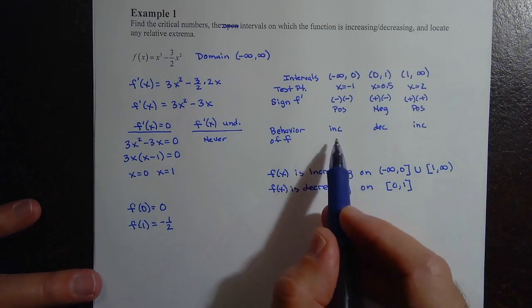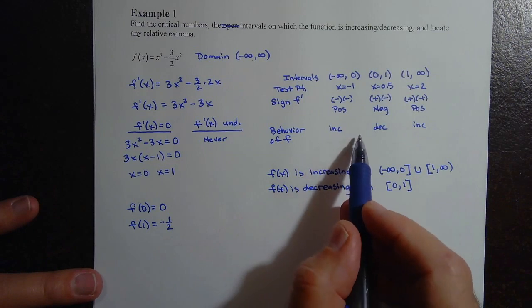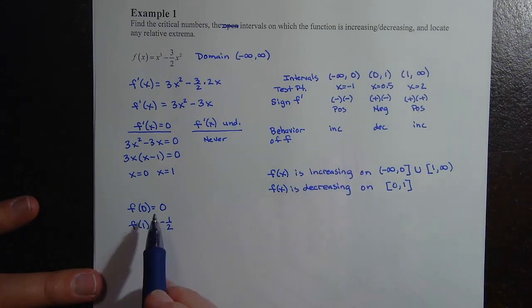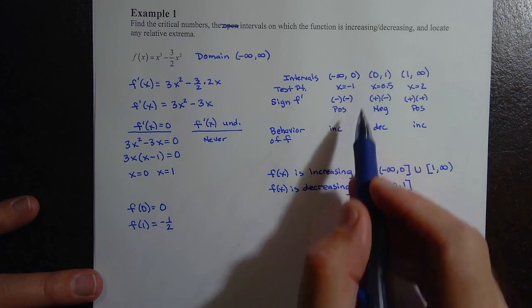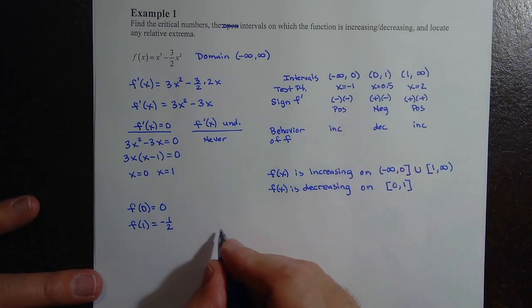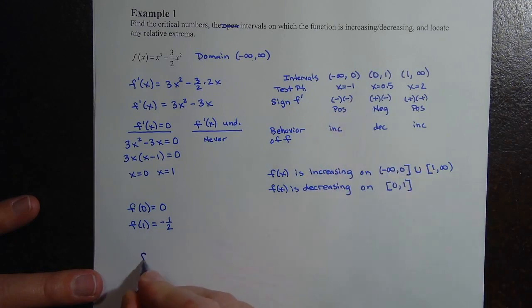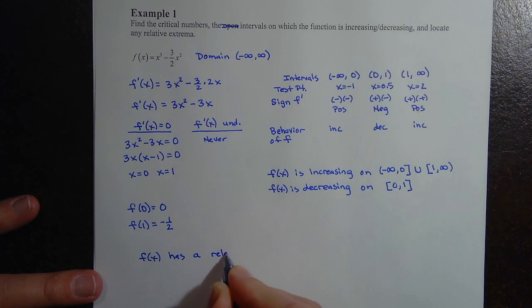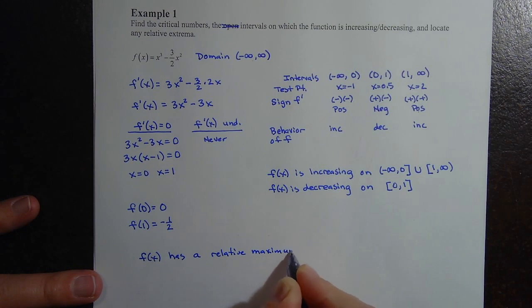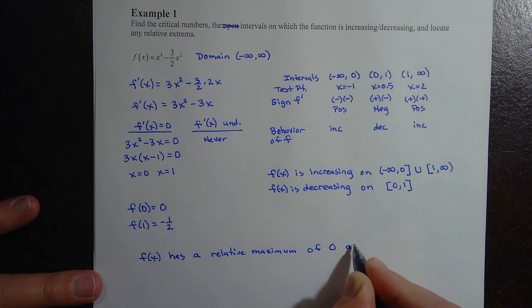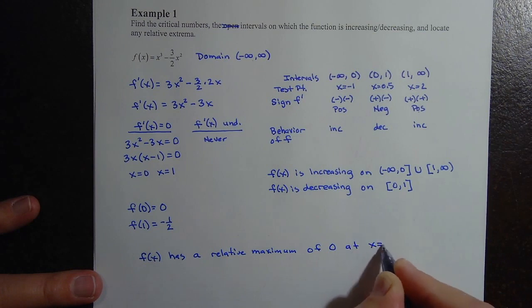So we would say f of x has a relative maximum of 0 at x equals 0. So we have a relative max.